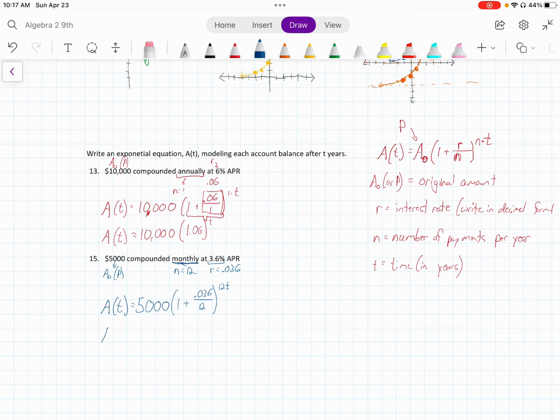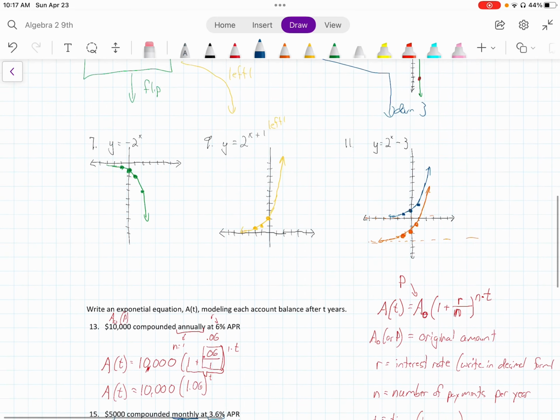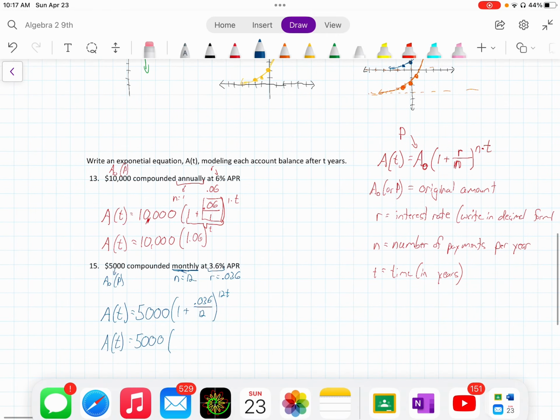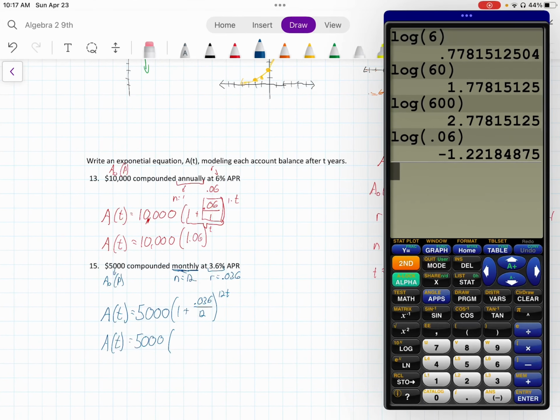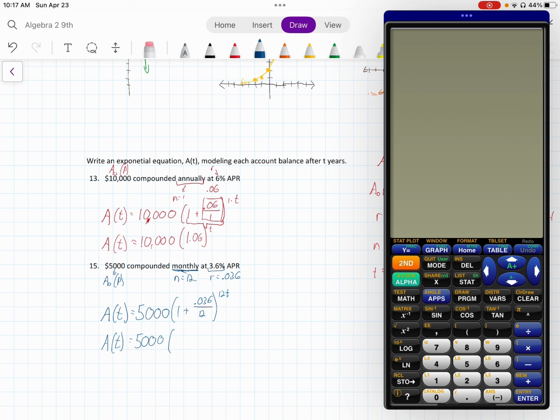We can do a little simplifying here. If we take 0.036 and divide it by 12, that's going to be 0.003. If you need to get a calculator out for that, that's fine. So we have 0.036 divided by 12, and then we add 1 to that.